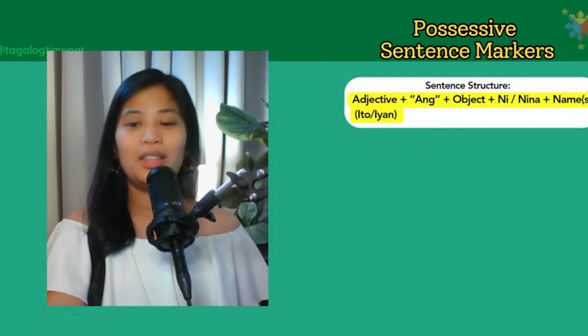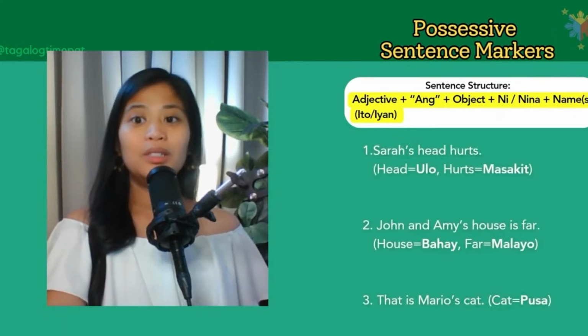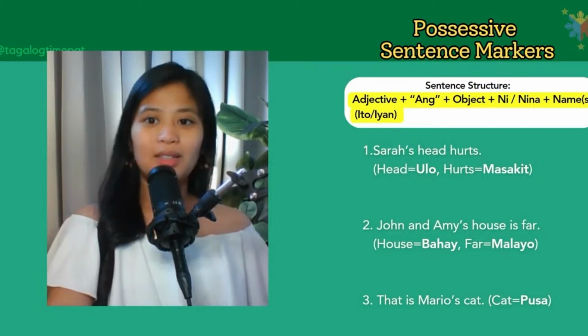All right, so this is that sentence structure I was just talking about. It's the adjective, plus it's the word ang, then it's the object, then it's ni or nina, and then the names go at the end. So here are some examples. Let's do number one together. Sarah's head hurts. Head is ulo, hurts is masakit. So let's just follow this sentence structure.